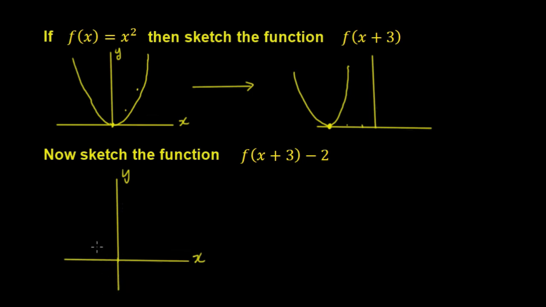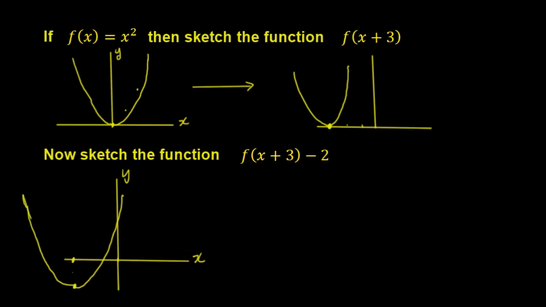Then it's going to be along 3 up 0, but then it's going to be shifted down by 2, so we can take that point down to 2. So the turning point here now is going to be at this point here. So the final function is going to look something like this. So it doesn't need to be exact, it's just a rough estimation of what it looks like.